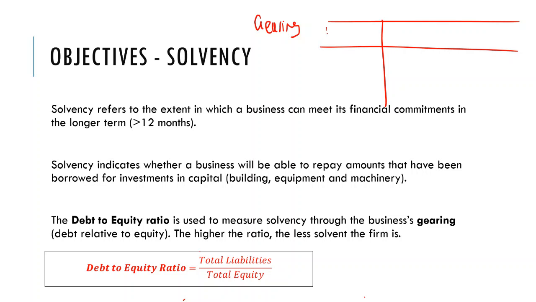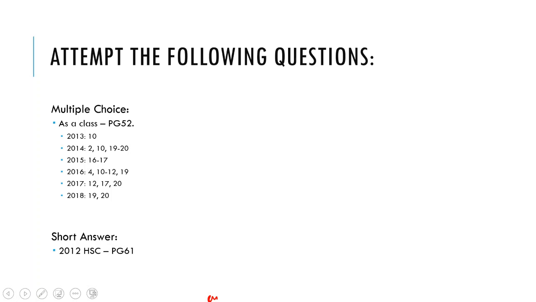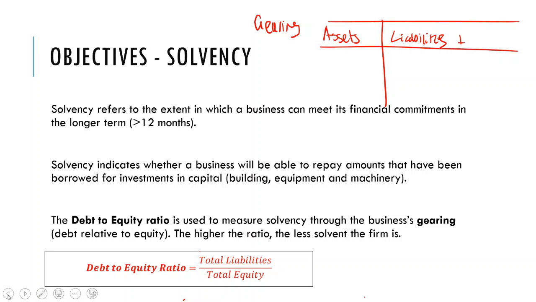Okay, so remember our assets in our balance sheet, and then this is our liabilities plus our owner's equity. And solvency is really a ratio of liabilities to equity.